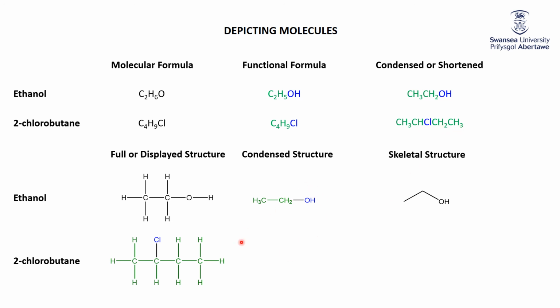Now let's go to the actual one where we show some bonds. Might want to practice there doing the condensed structure if you want. Again, we see the boring old carbon-hydrogen chain here with 4 carbon atoms, CH3, CH, CH2, CH3. And then of course we make it very clear we've got the chlorine there. And the skeletal structure comes straight from that. 1, 2, 3, 4 carbon atoms, not bothering with any of the hydrogens, but making it clear there is our functional group.